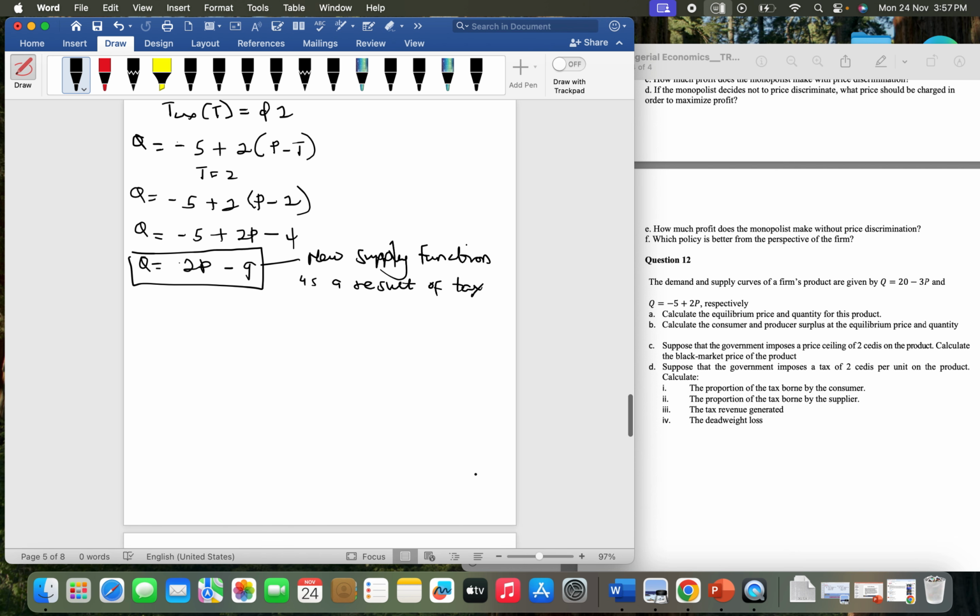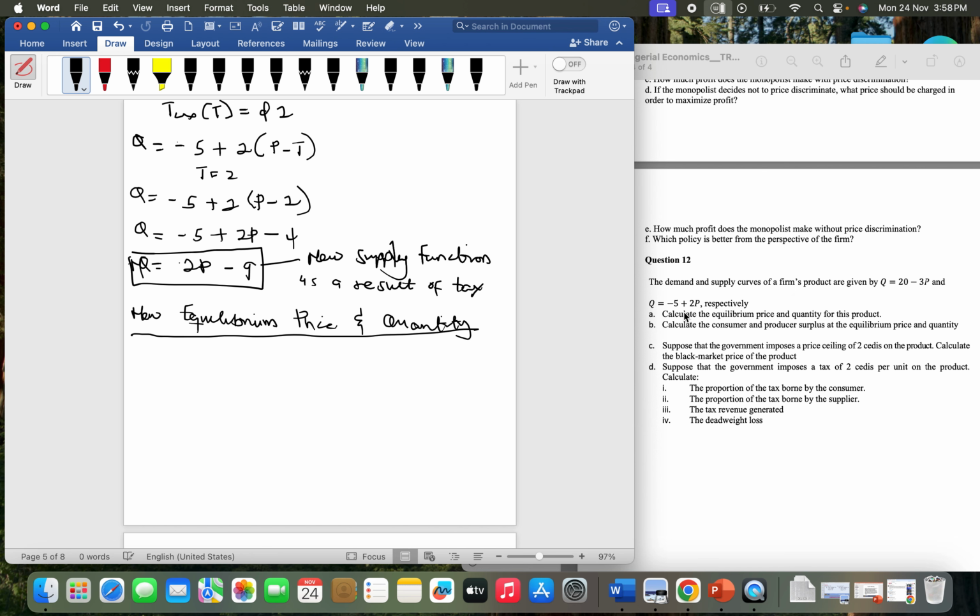Okay. So we can now find our new equilibrium price and quantity. Let me add an n to differentiate it from the previous supply.